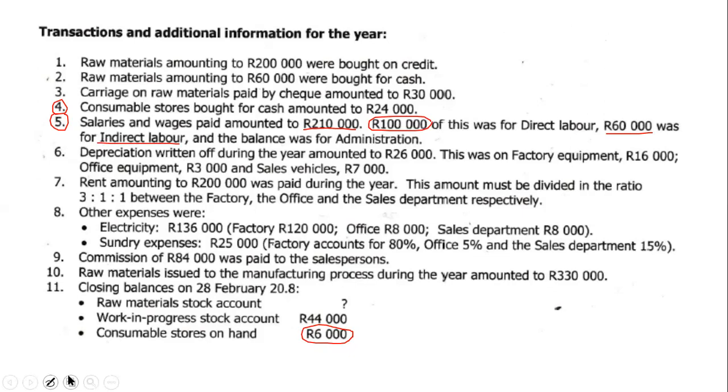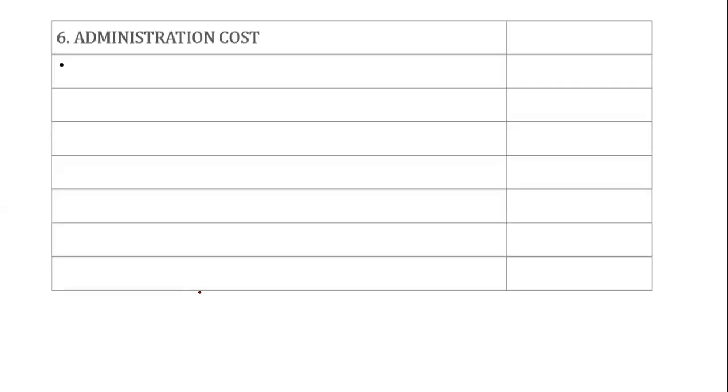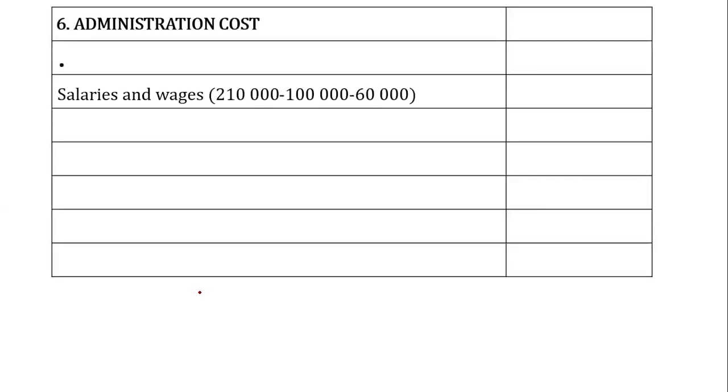It doesn't go to selling and distribution. It only goes to administration costs because it is specified that it is for admin only. Please note that administration costs and selling and distribution are totally separate. We good? Hence, in my admin cost, I will have that value, which is 50,000 rand.